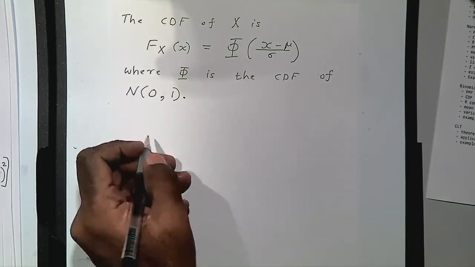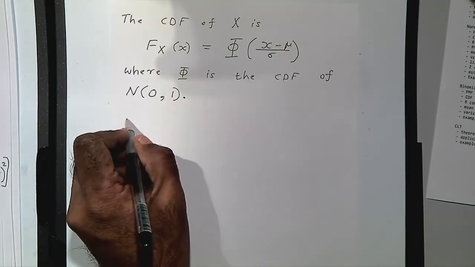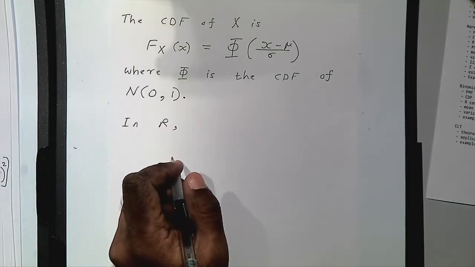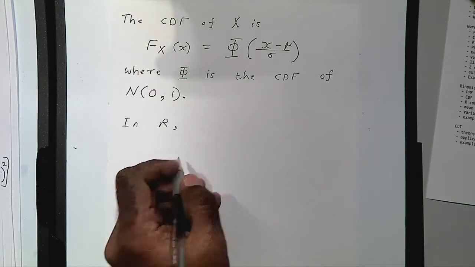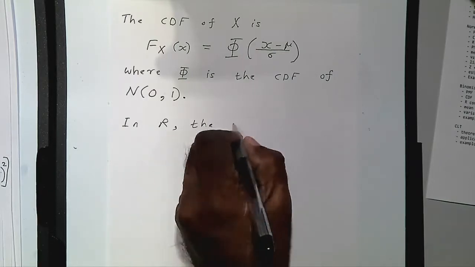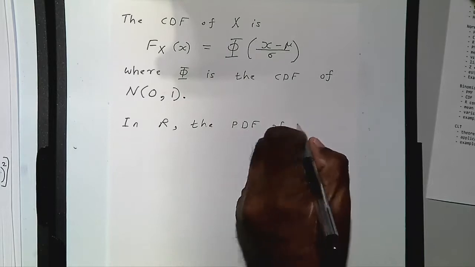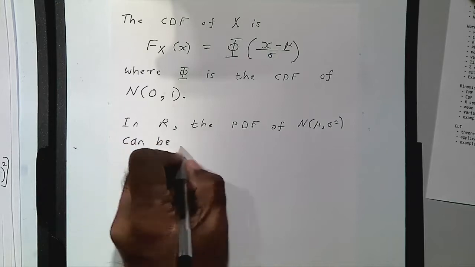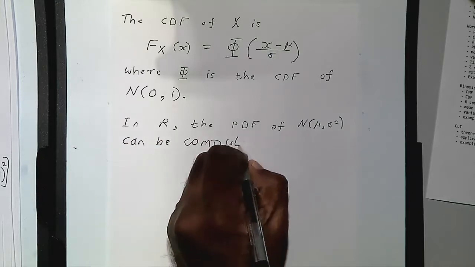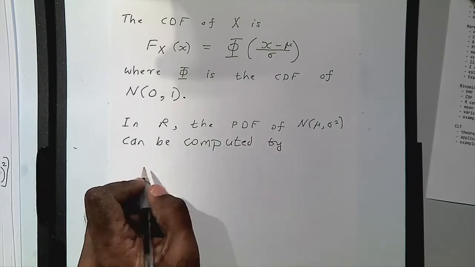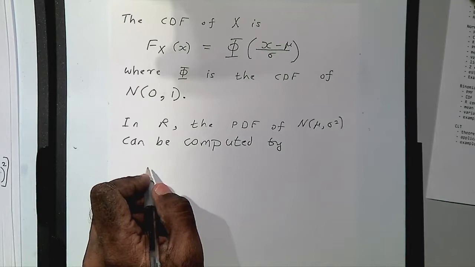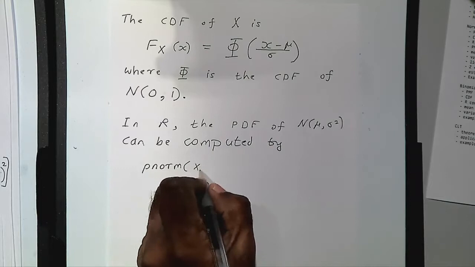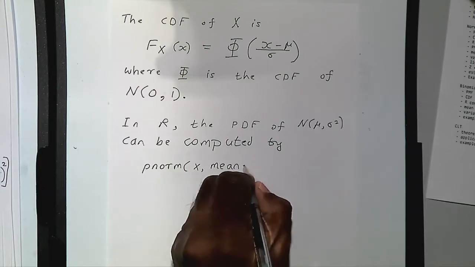Now in R, if you're using R, the commands for computing the PDF of a normal distribution can be computed by the following command: x, mean equal to whatever the value.